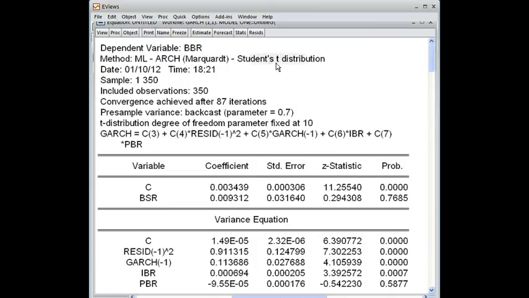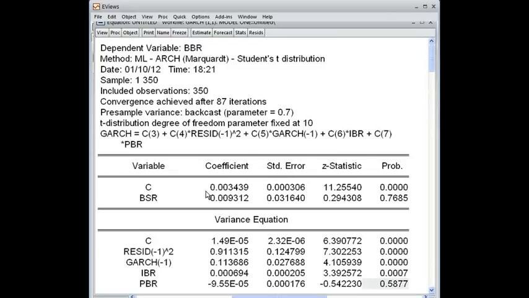You see the student T distribution has come up, right? Now I check the variance equation. The ARCH, is it significant? Yes, because the p-value is less than 5%. GARCH, yes, significant. IBR, yes, significant. The p-value is very small. PBR, no, because the p-value is more than 5%. So it is not significant.